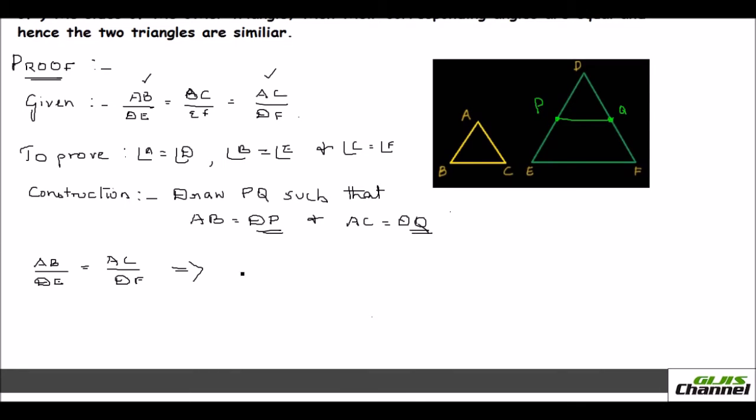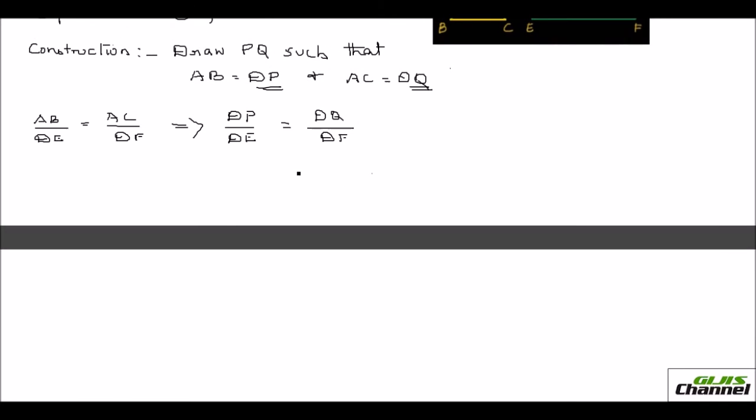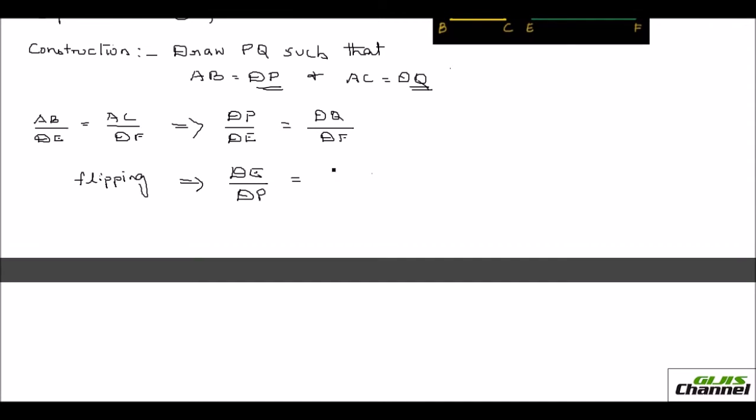Because they are equal, right? So I can replace it with DP over DE is equal to DQ over DF, right? Okay. Now I'm going to flip this. DE over DP is equal to DF over DQ, right?